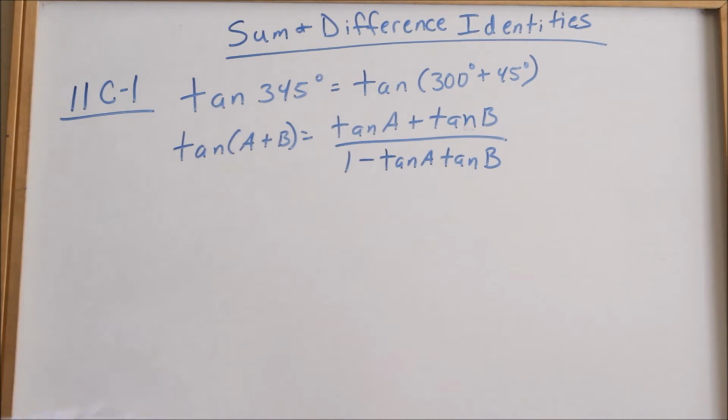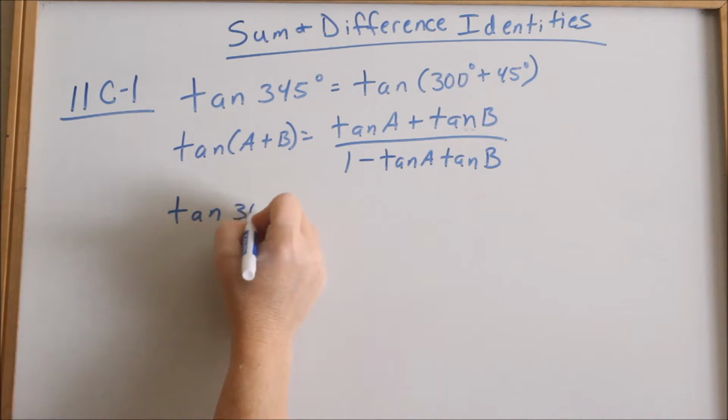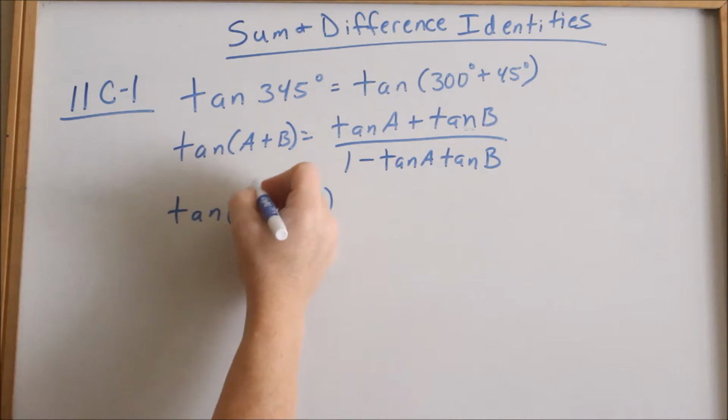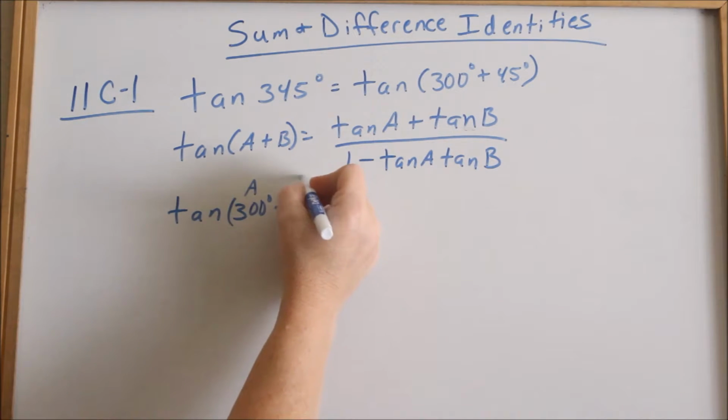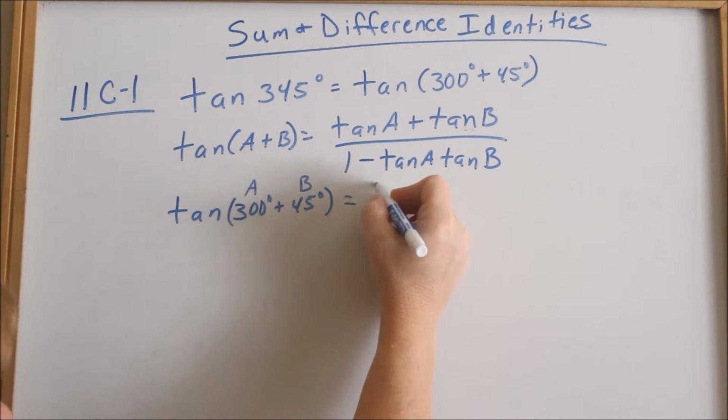Okay, that is the formula. So in my case, I have tangent of 300 degrees plus 45 degrees. Basically, that is my A, that is my B. So now I'm just going to fill in for the formula.